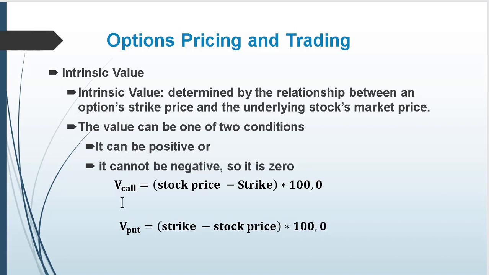So the value of a call is the stock price minus the strike price. So if it's a $55 stock and it has a $50 strike, the value of each option is $5. And of course, every contract is $100, so that'd be $500.